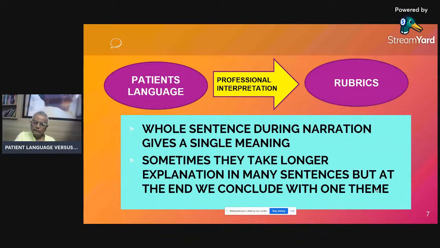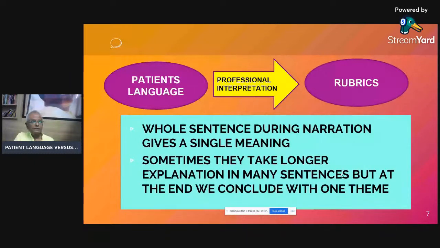He will take 4 or 5 minutes to complete his story, but out of those minutes, you get only one or two words from them. So it is long and patient hearing that will help you arrive at the rubric, where you listen to the patient very silently, with patience and with great observation, and all these together will give you the meaning for the rubrics.